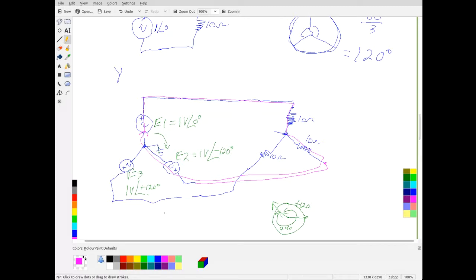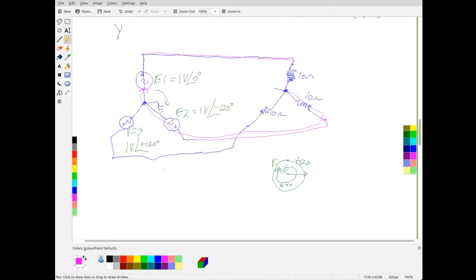So if that's the case, then you're going to have a voltage drop here. Call this resistor R1 and R2 and R3 or something. But when we do Kirchhoff's voltage law, notice the plus signs. I put plus signs up here.